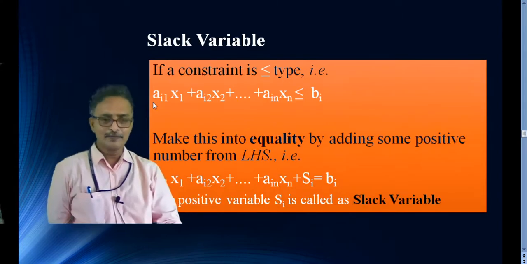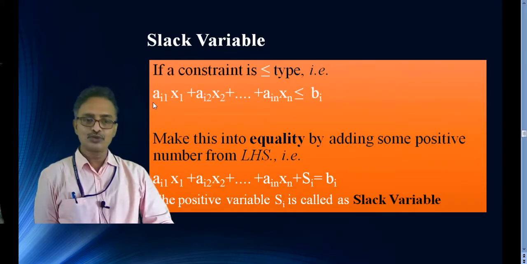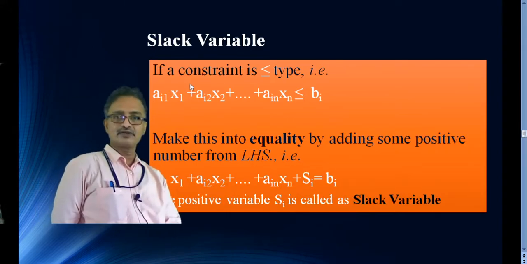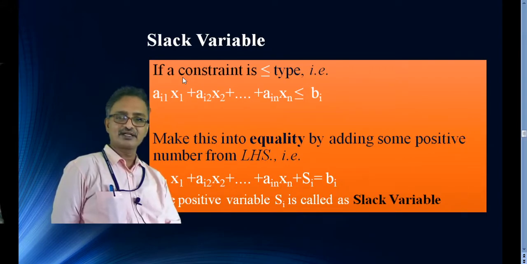Now, in order to look at the standard form and canonical form, we need to look at other variables for the formulation. The slack variable is a variable we introduce in the formulation when we are converting an inequality into an equality. Let us say the ith constraint is of less than or equal to type.